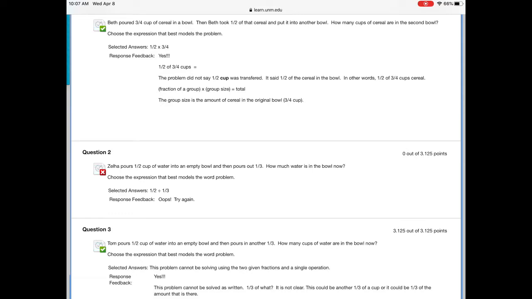If this feels daunting, there's some other resources. One of the things that I would suggest is, this is only giving you right or wrong answer. I would actually sketch out a picture, because that's how I would explain to a student how to solve this problem.